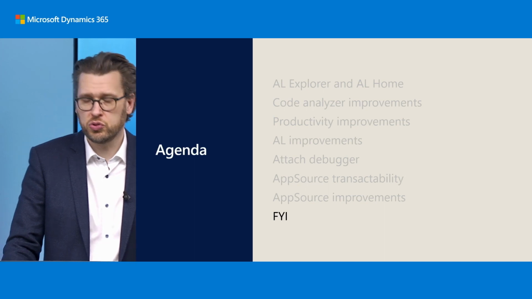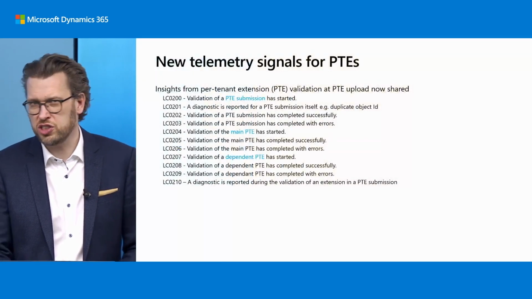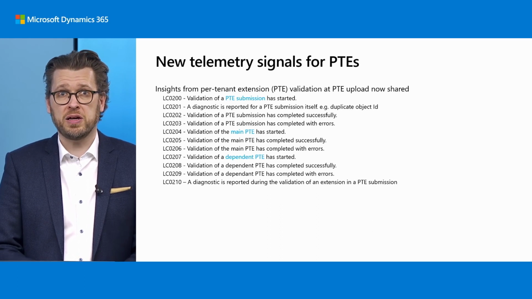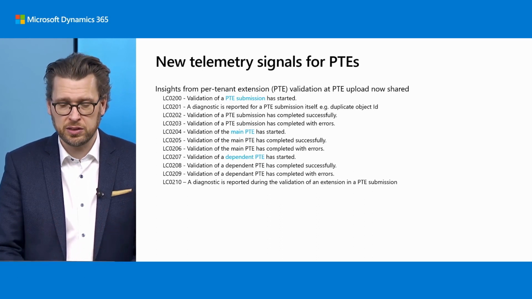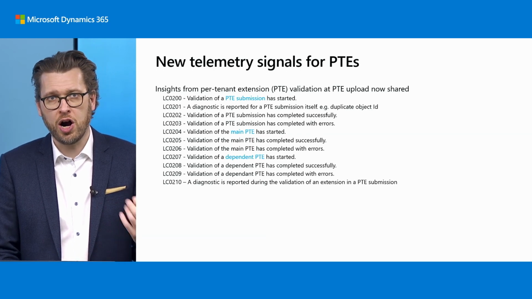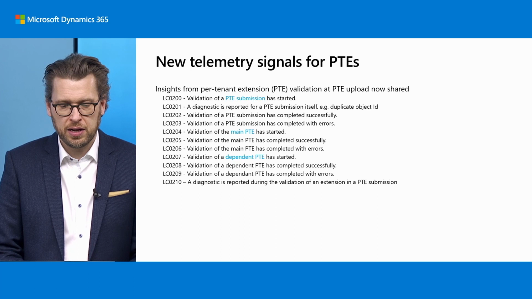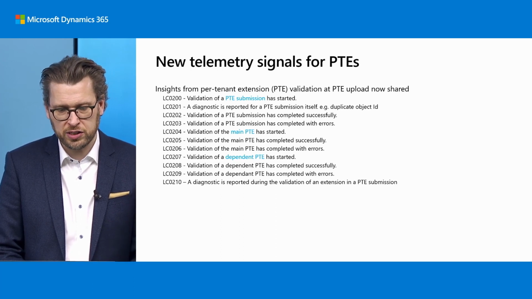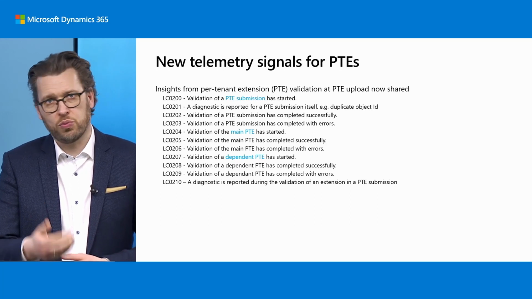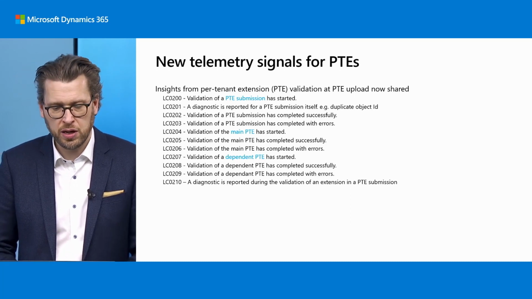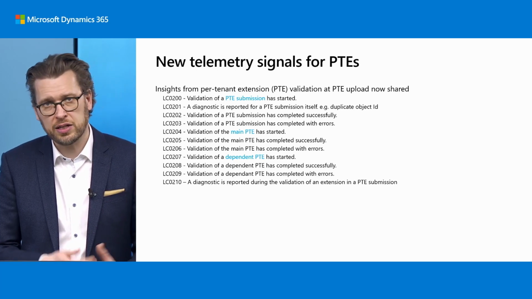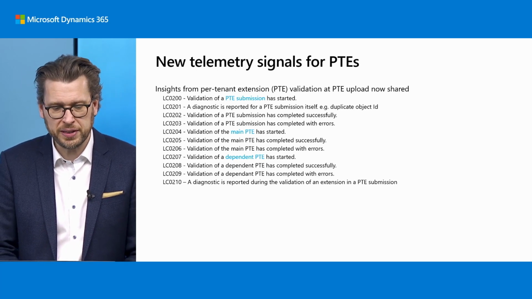So that brings us to the last topic of today, which is just a little bit of information. The first one is that we are now giving you telemetry signals for the validation we are doing when you are uploading PTEs, right? So we have a bunch here, 11 signals for basically when the PTE submission is started, whether something goes wrong with the submission, the validation we're performing on the main PTE, as well as the downstream or dependent PTEs.